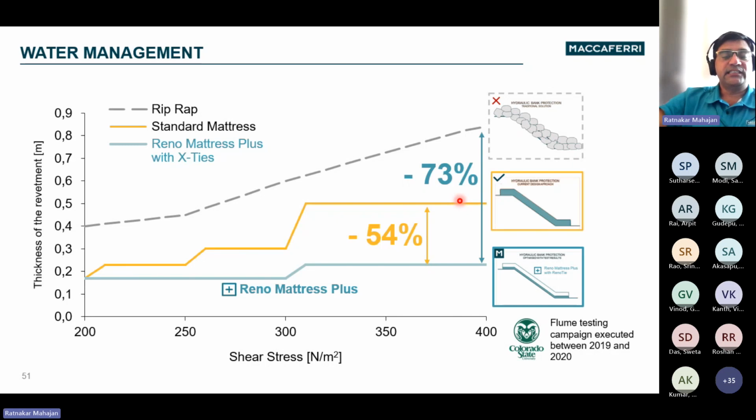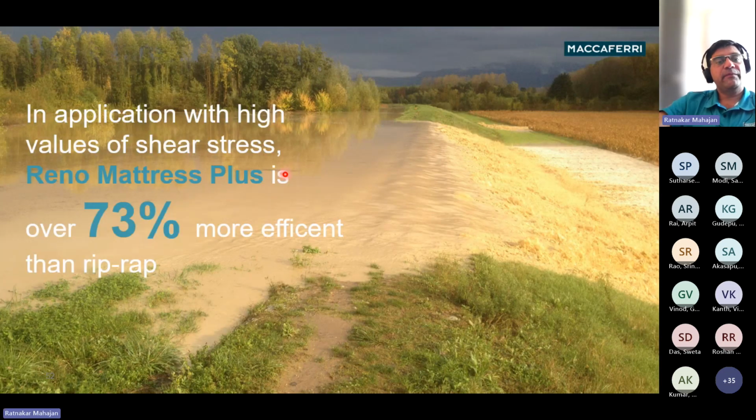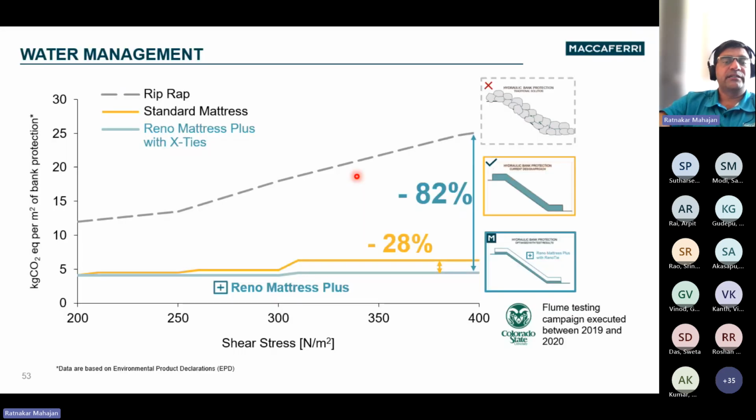However, with the introduction of X-Ties, the same mattresses, additionally reinforced with X-Ties as Reno Mattress Plus, can offer a higher shear stress resistance compared to both solutions, that is, mattress and riprap. In applications with high values of shear stress, Reno Mattress Plus is over 73% more efficient compared to riprap.